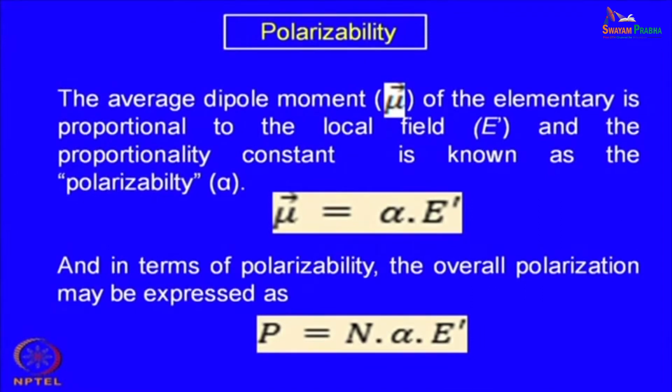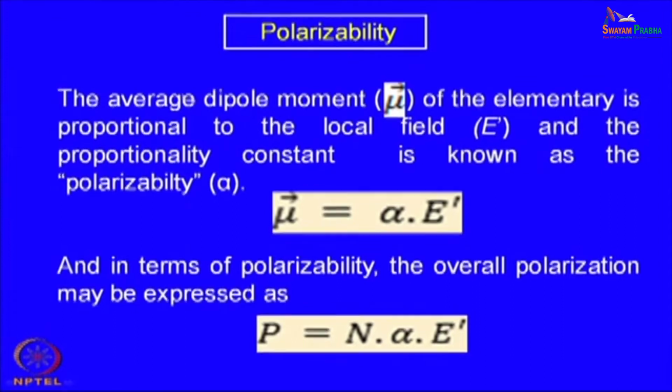With this in mind, if we want to find out another parameter which is called polarizability, that is the ability of the material to get polarized. So, that is what we call the polarizability, and that is defined in this manner: the average dipole moment, which is mu bar, of the elementary particle is proportional to the local field.